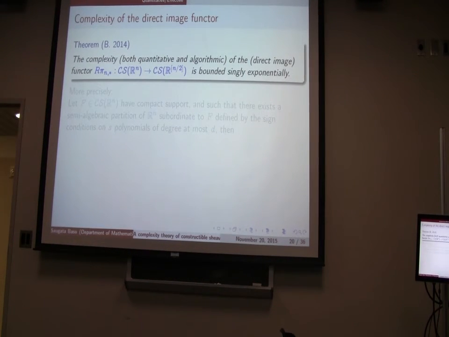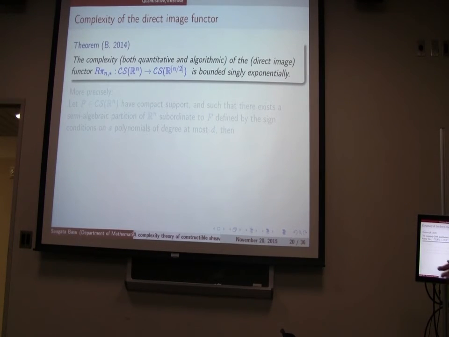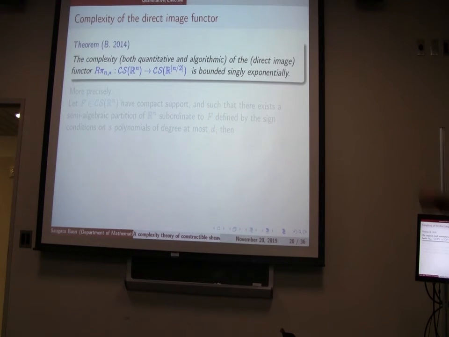But to make this statement precise, I of course have to define what I mean by the complexity of a constructible sheaf, and what I mean by an algorithm. This is something new, so I'm not saying that this is the only way to define it, but what I thought was somewhat natural, from the point of view of the underlying partition subordinate to constructible sheaves, is the following.